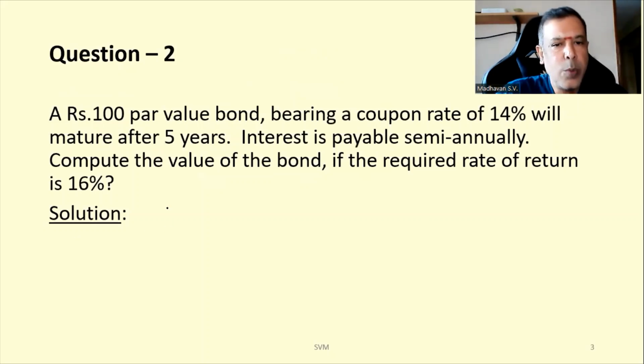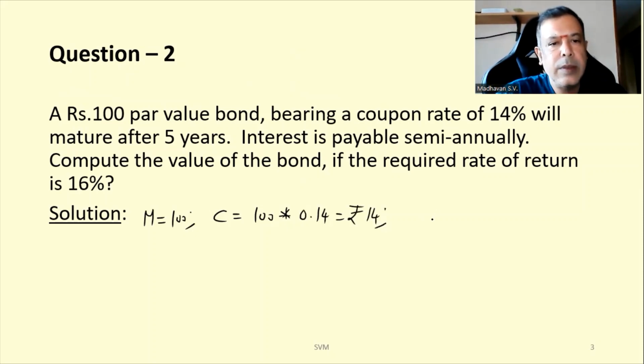Here again, the par value is given as 100 rupees, so M is 100. The coupon rate is given as 14%, so the C value will be 100 times 0.14, which gives rupees 14. The bond matures after 5 years, so N is 5 years.